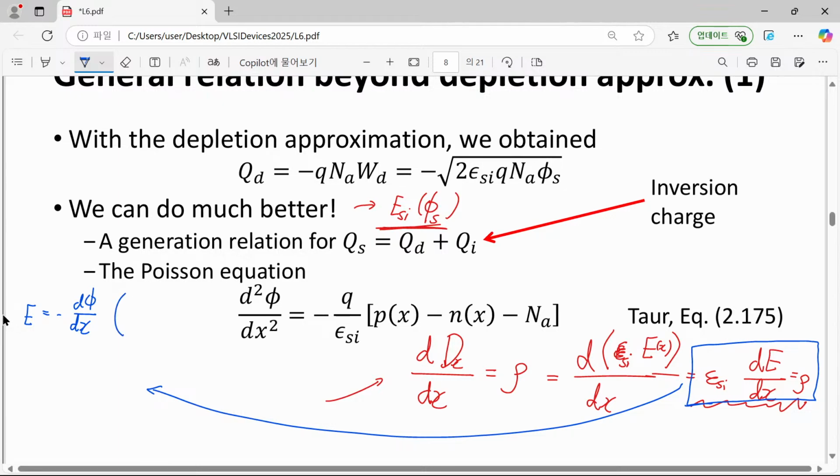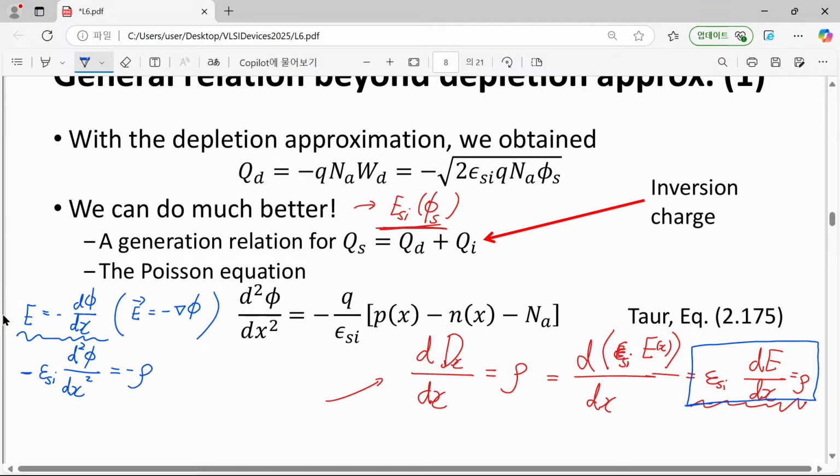It is obtained from the electric field vector being given as minus the gradient of the electrostatic potential. This is the electrostatic approximation for the electric field, and by reducing its dimensionality from 3D to 1D, we can easily have this x-directional relation. So if we insert this expression, then we will have minus epsilon silicon times the second derivative of our electrostatic potential becomes minus rho.